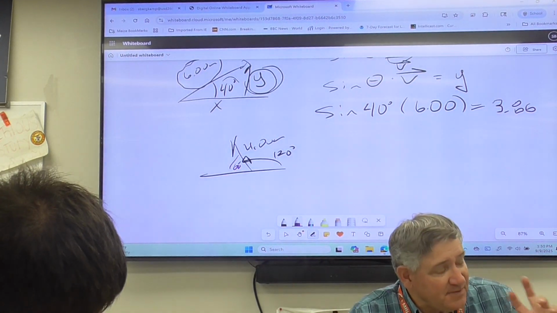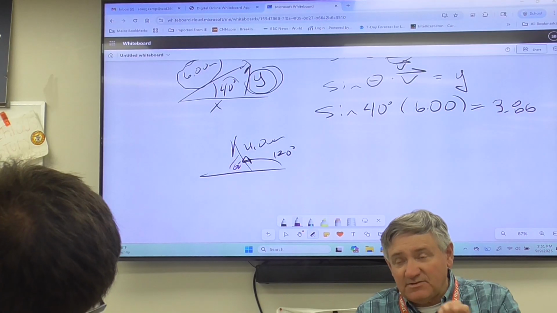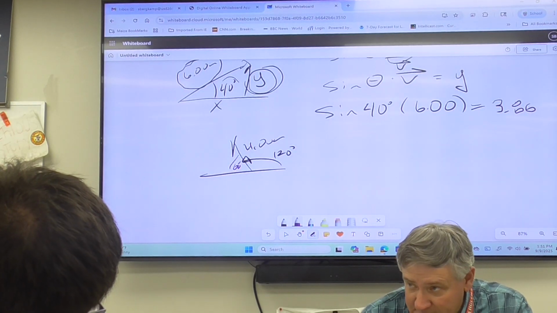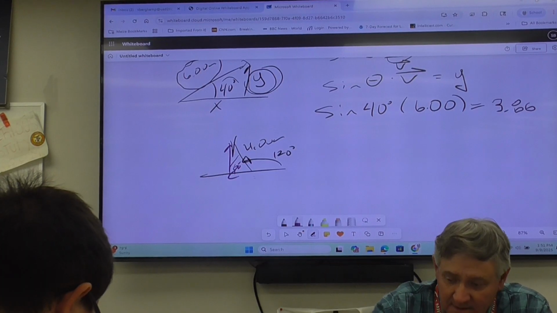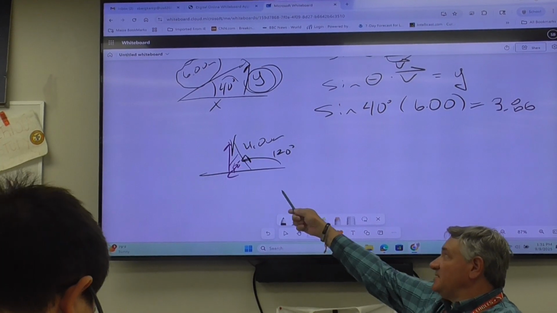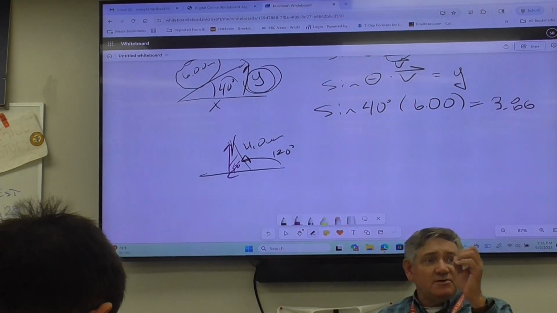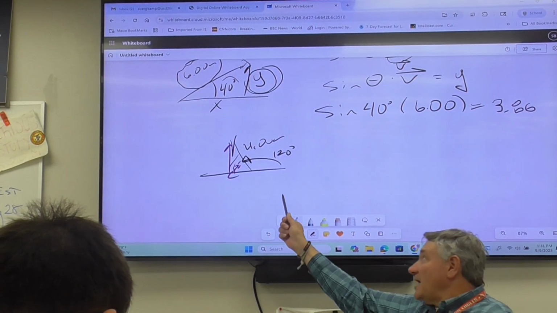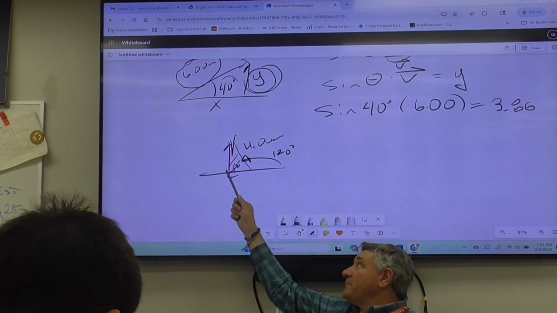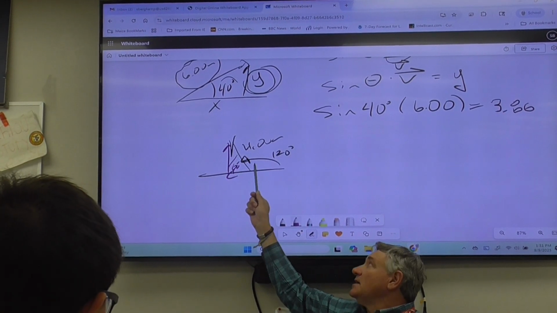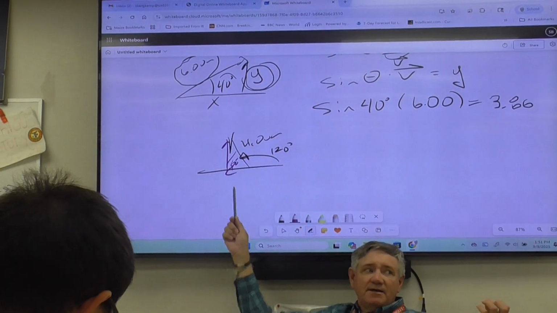So the advantage of working with the 60 degree, this is just a personal perspective. Me personally, I like to work off the 60-degree angle because it's easier for me to see if I use sine and cosine of 60, that this is the opposite side of 60 degrees. This is the adjacent side of 60 degrees.